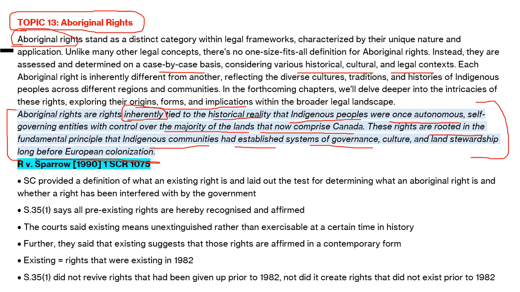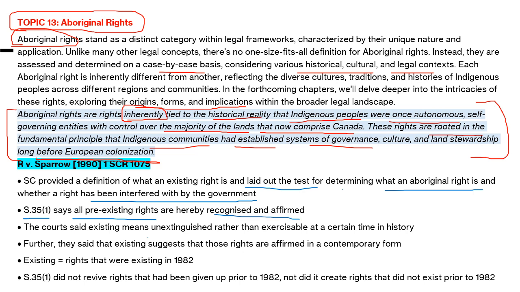R versus Sparrow is the landmark case related to Aboriginal rights. The Supreme Court provided a definition of what an existing right is and laid out the test for determining what an Aboriginal right is and whether a right has been interfered with by the government. Section 35(1) says all pre-existing rights, whatever rights existed before European colonization, are hereby recognized and affirmed.